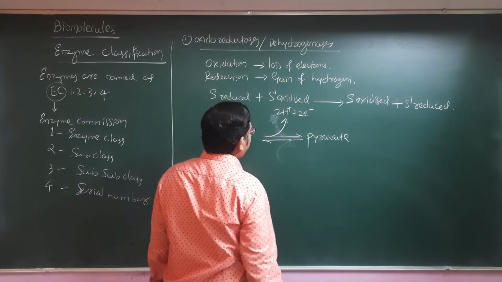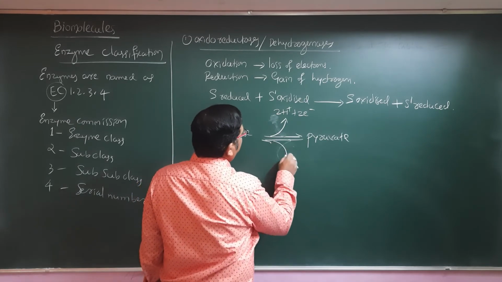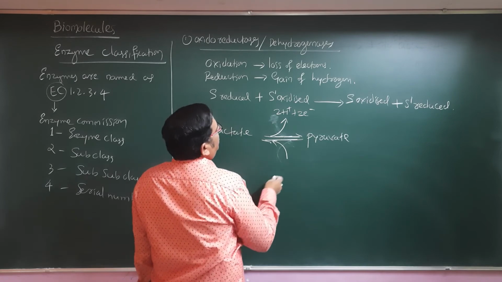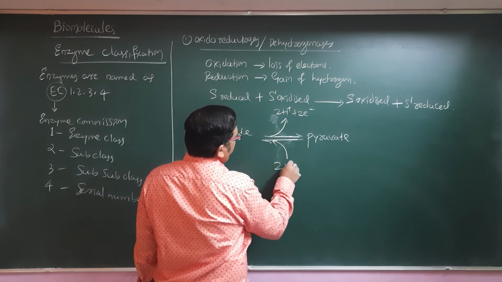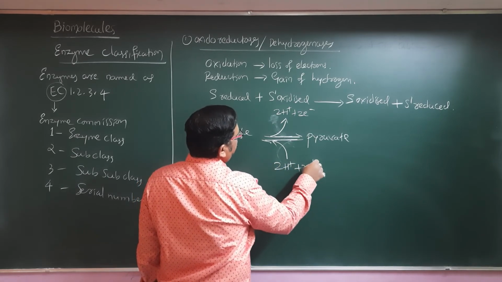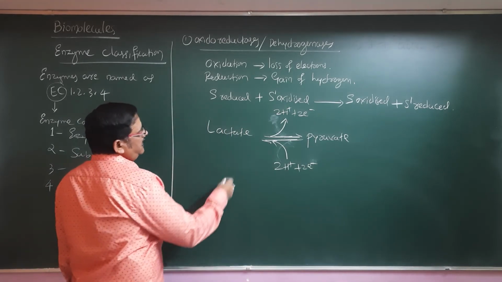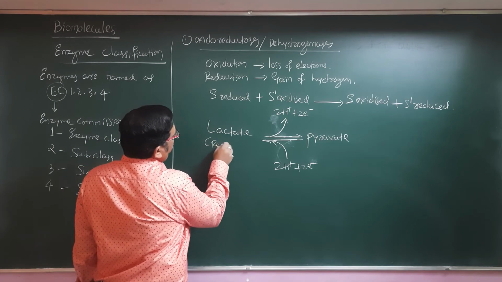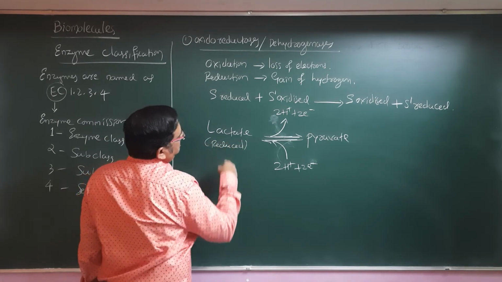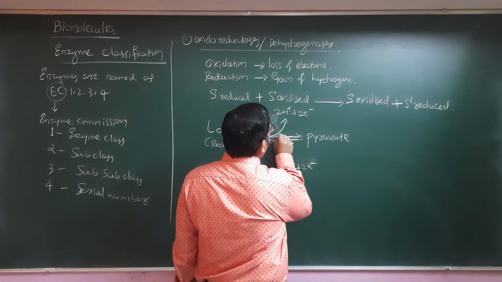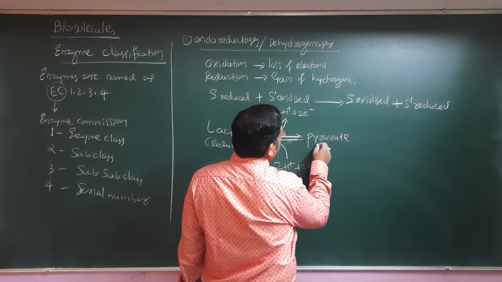Here the reaction can also be addition of 2 hydrogen plus 2 electrons, a gain. So lactate, when it is gaining, is the reduced form. When pyruvate has lost them, it is the oxidized form.